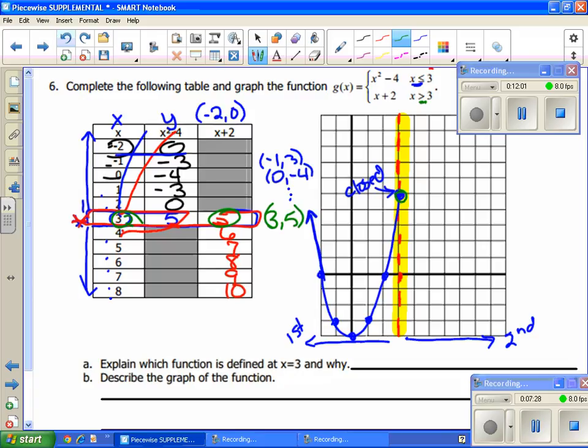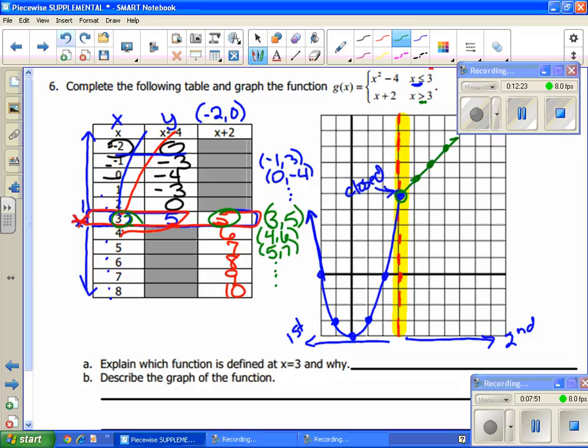Let's continue. I'm now going to plot 4, 6, 5, 7. That's like my x and my y. So I'm going to go over 3 and 5, 4 and 6, 5 and 7, 6 and 8, and so forth.